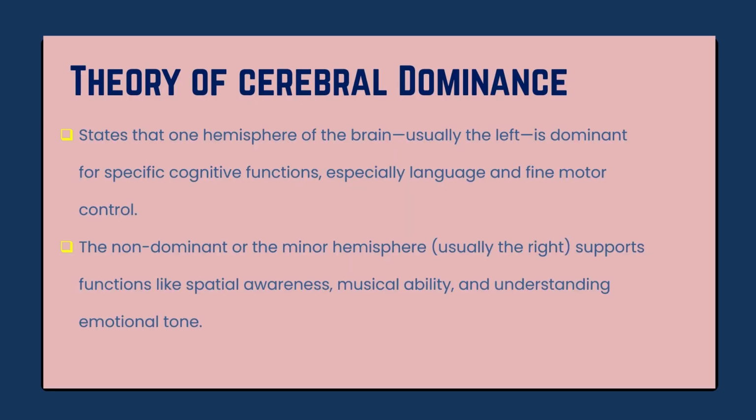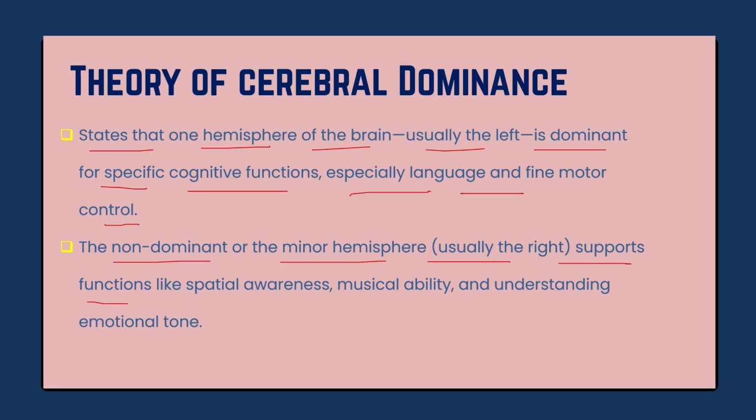The theory of cerebral dominance states that one hemisphere of the brain, usually the left, is dominant for specific cognitive functions, especially language and fine motor control. The non-dominant or minor hemisphere, which is usually the right hemisphere, supports functions like spatial awareness, musical ability, and understanding emotional tones.